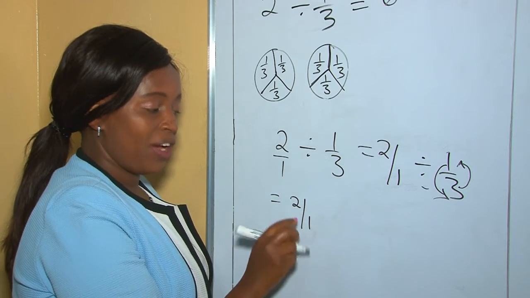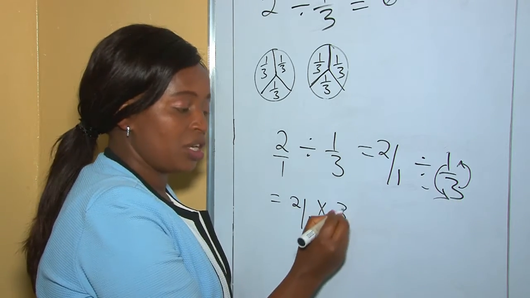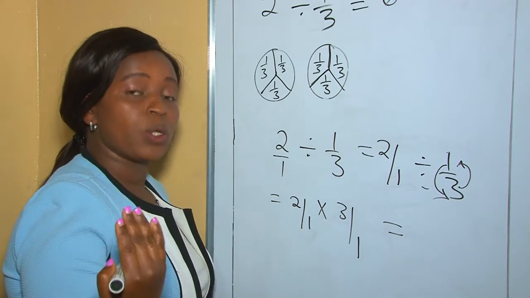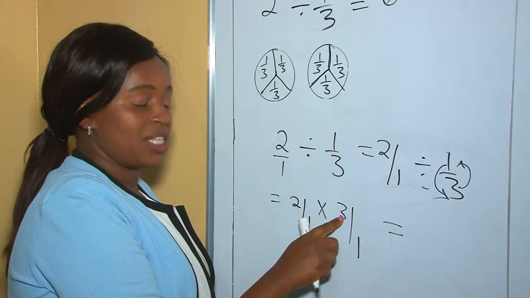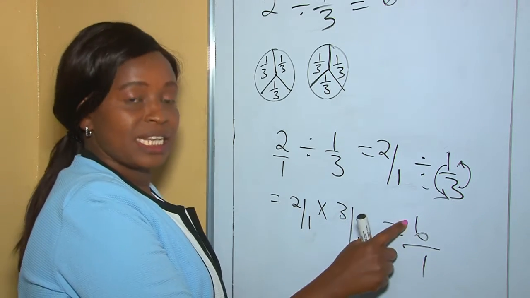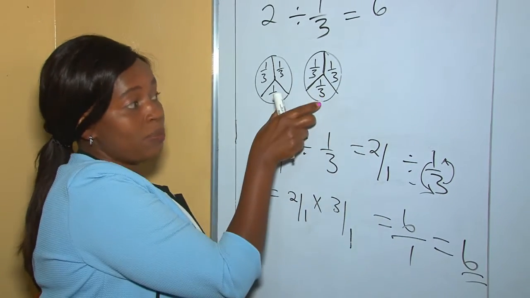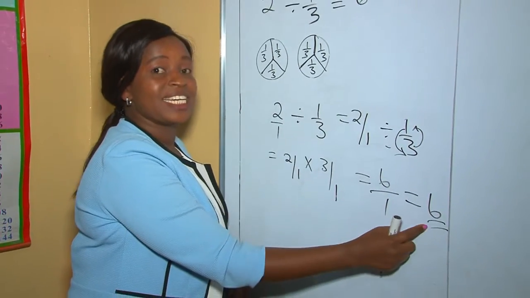Therefore, 2 over 1 multiplied by the reciprocal of 1 over 3, which is 3 over 1. Also from a previous lesson, we learned to multiply fraction by fraction. So 2 times 3 is 6, 1 times 1 is 1, and 6 divided by 1 is 6. As you can see, when you do it practically, we get 6. When you use the mathematical formula, you still get 6.